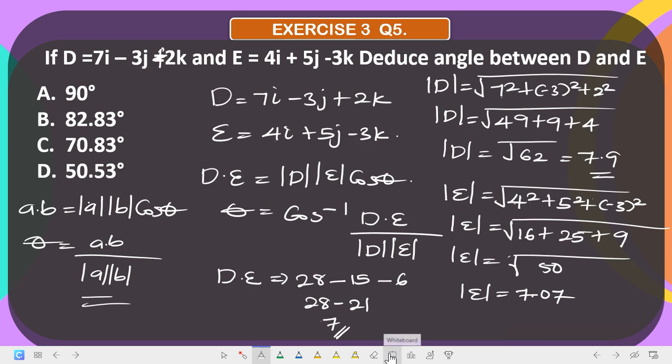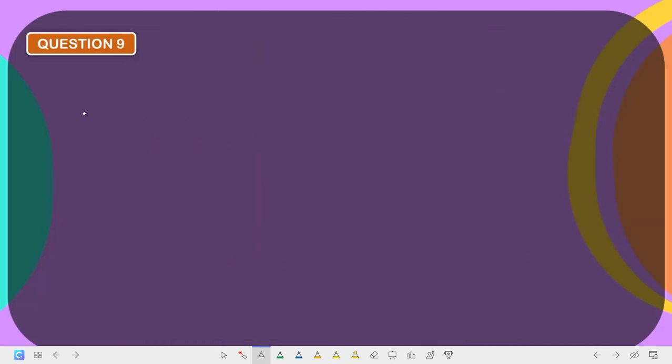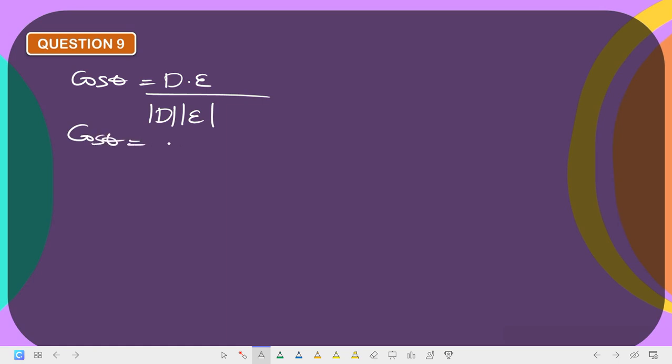Now, how do we find the angle between them? We'll now come here and say cos theta is d dot E all over the magnitude of D times the magnitude of E. So d dot E is 7, the magnitude of D is 7.9, the magnitude of E is 7.07.